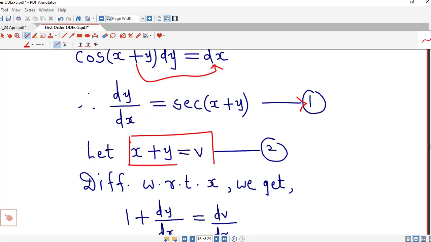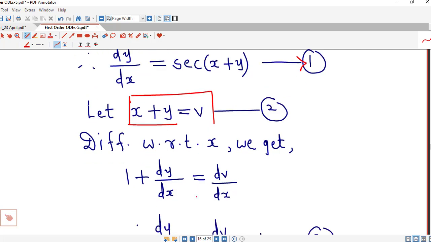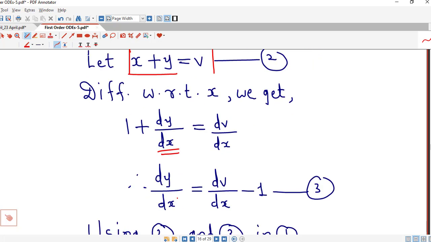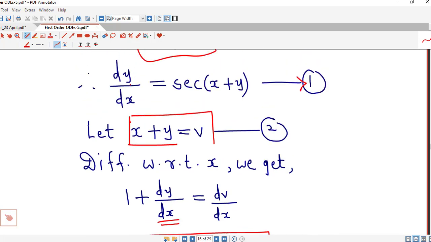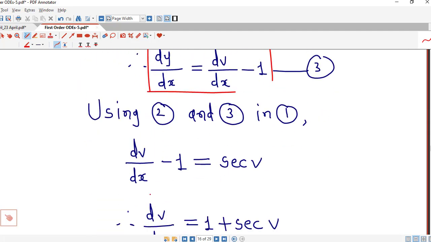We differentiate this with respect to x and obtain 1 + dy/dx = dv/dx, so dy/dx becomes dv/dx - 1. Now we substitute dy/dx = dv/dx - 1 here, and replace x+y with v, and we obtain dv/dx - 1 = sec v.